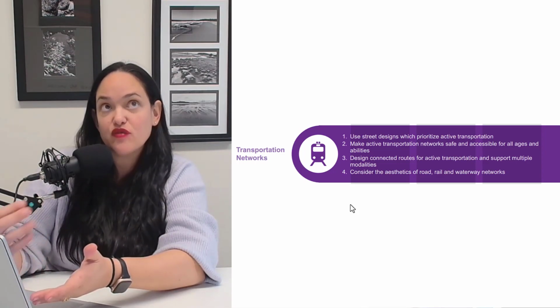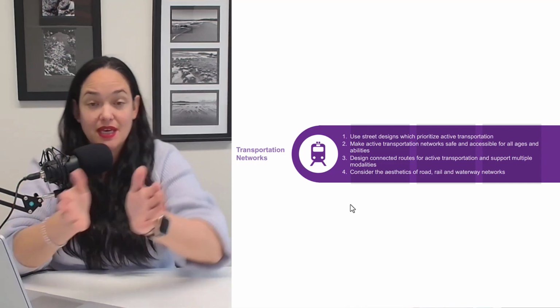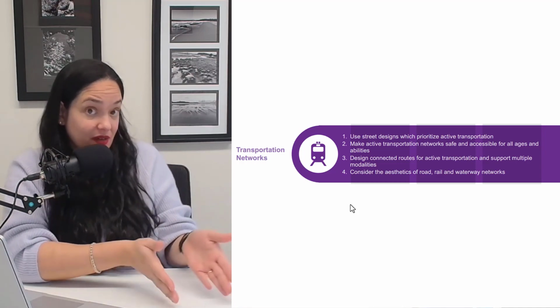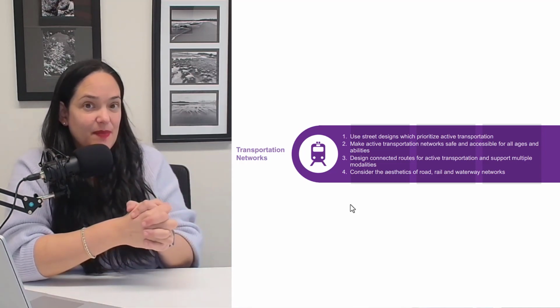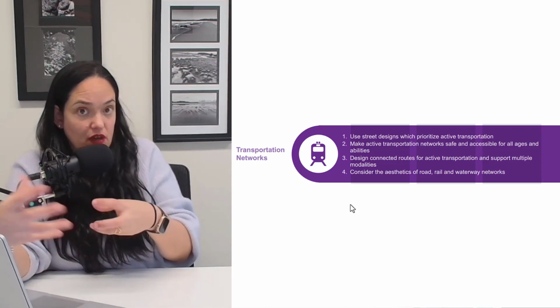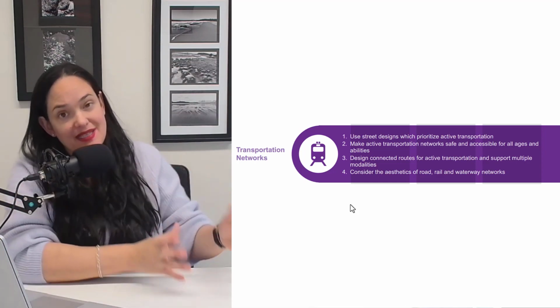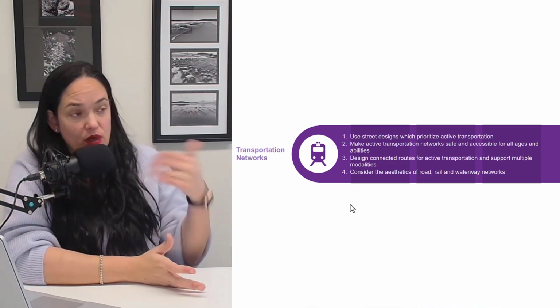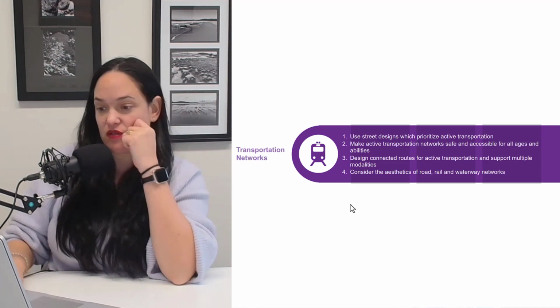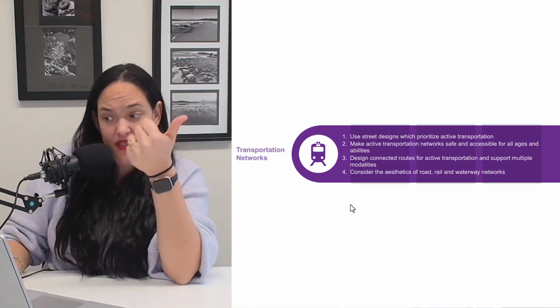If we have good transportation networks where people are connected by means that aren't just single people in single vehicles all the time, the net footprint of having more transportation networks like trains and buses is that you take cars off the road, which adds to the air quality of a particular environment.